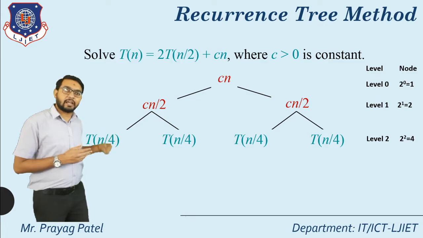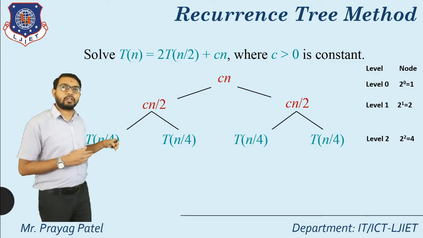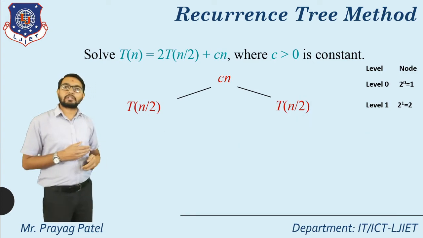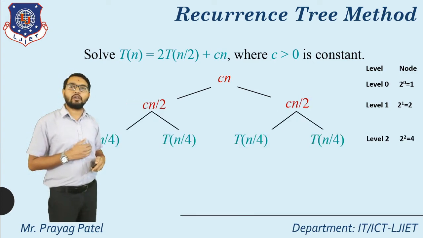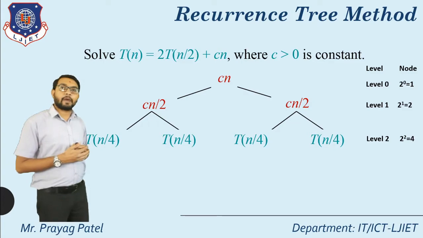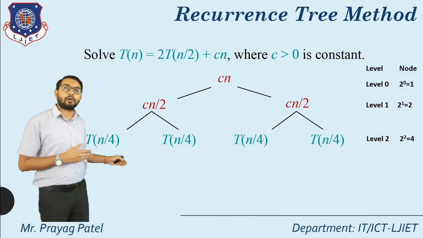Now what is the recurrence call for T(n/2)? The cost for T(n/2) is c·n/2. The recurrence function for T(n/2) is T(n/4), 2 times.